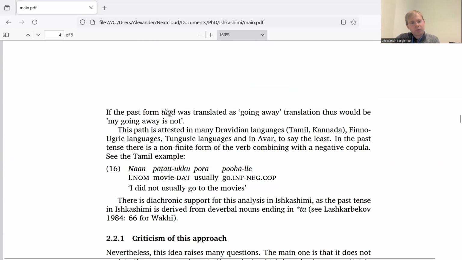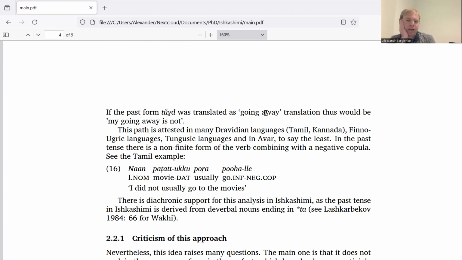If the past form tucht was translated as going away or gone away, the translation would be my going away is not. So yes, basically it is very natural to reduce this puzzle to the past tense having some nominal properties. And this pattern is attested widely.